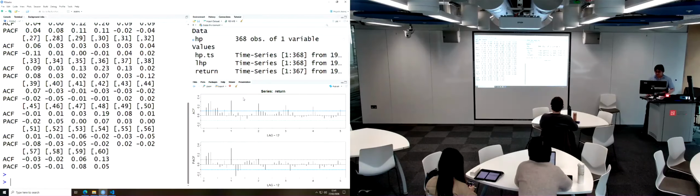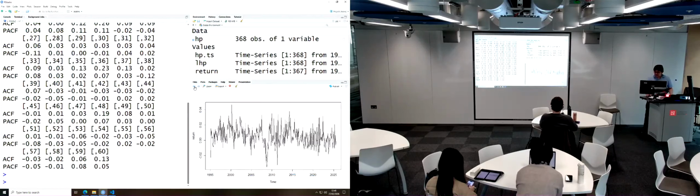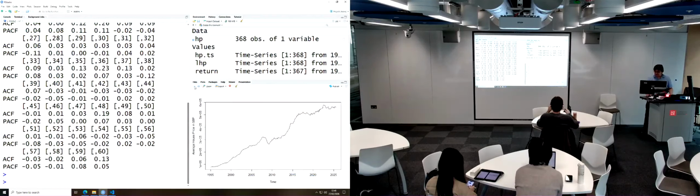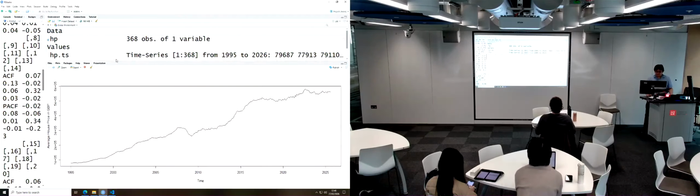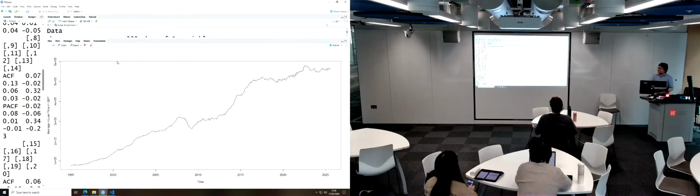So this is the London house price data. If you look at the data itself, you can see it starts in 1995.